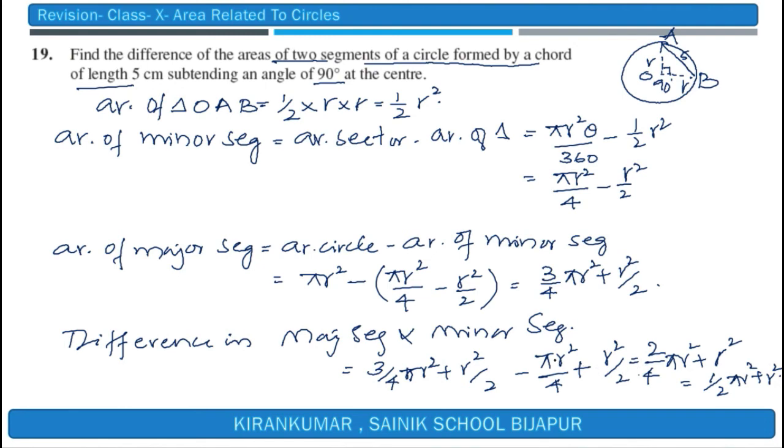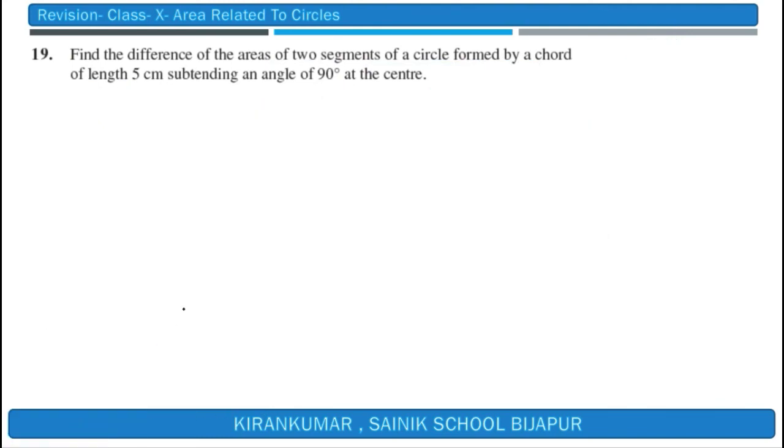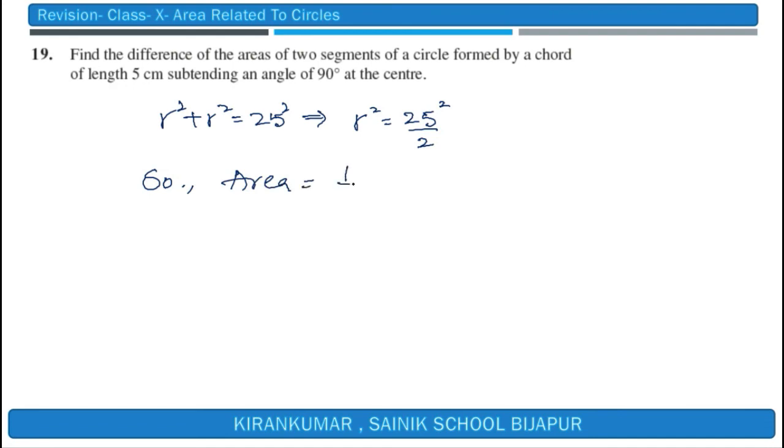Since the radius and the chord can be considered, we can calculate r square plus r square as 5 square. This implies r square is 25 by 2. Therefore, the area will be equal to half pi into r square.